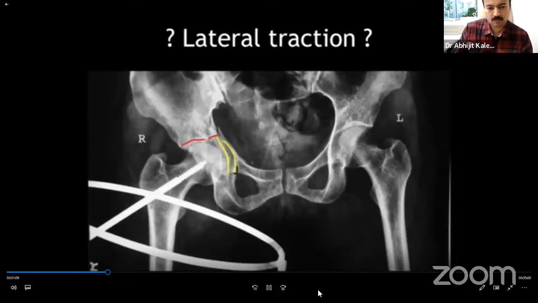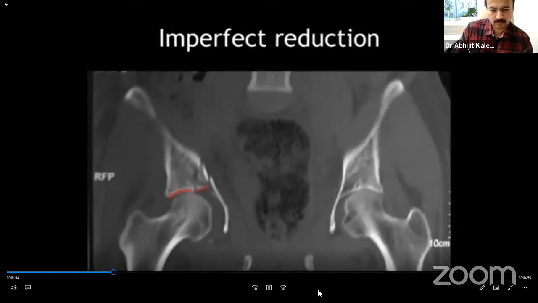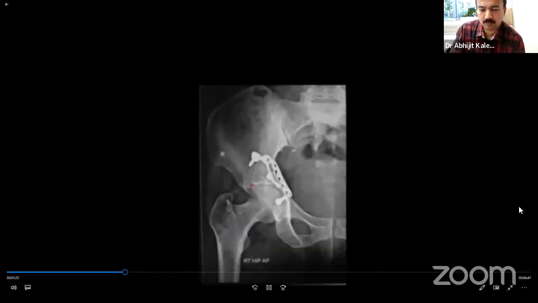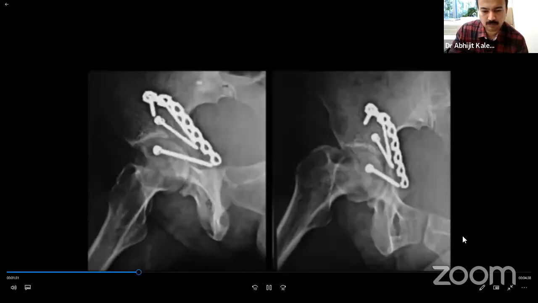What is needed here is the elevation of the impacted medial roof fragment supported with bone graft and proper internal stabilization, and then confirming that the joint is congruous in all the three views. Hence, the need to master understanding of three basic views and not just rely on 3D CT scan.